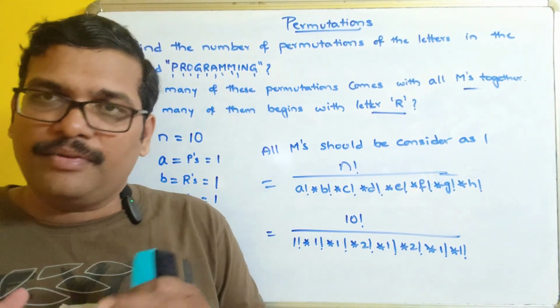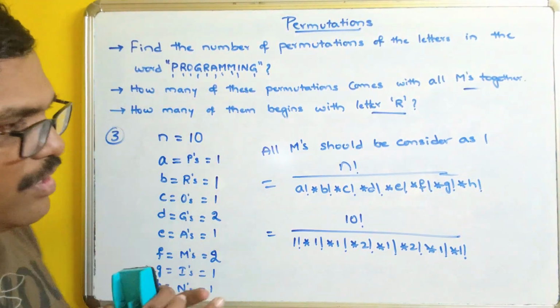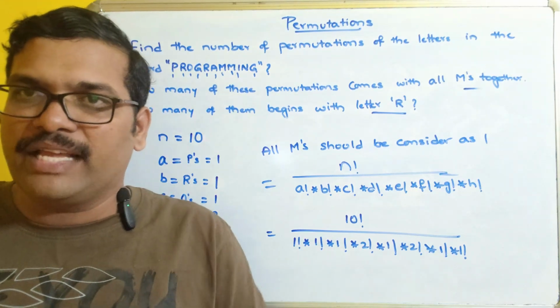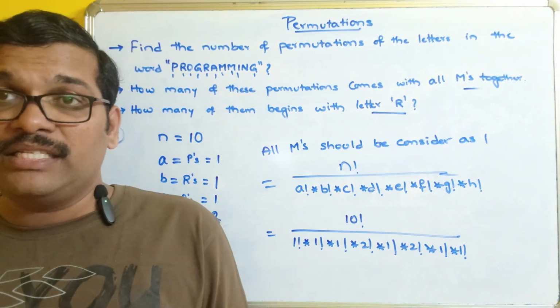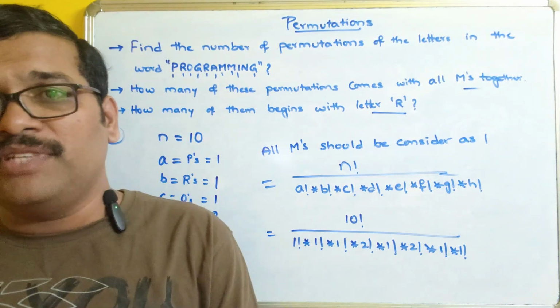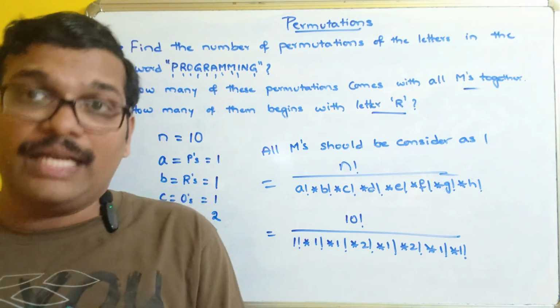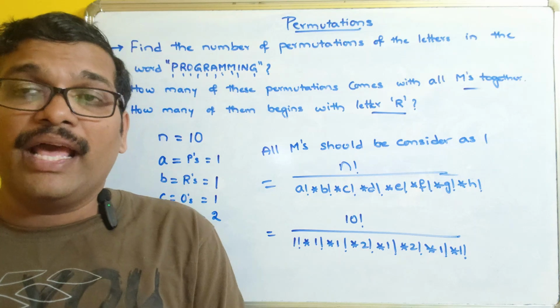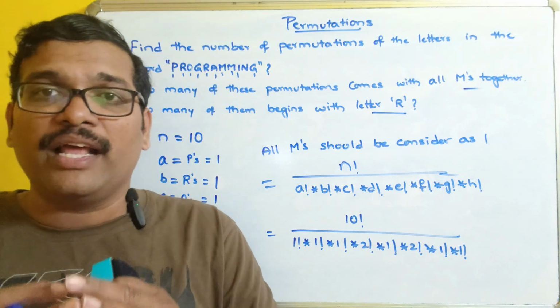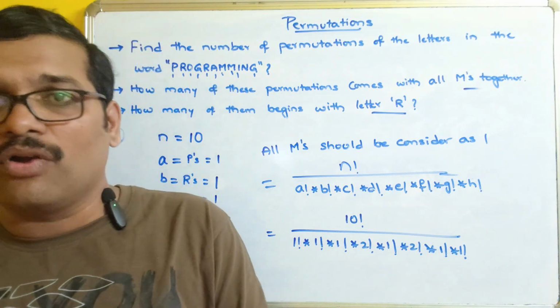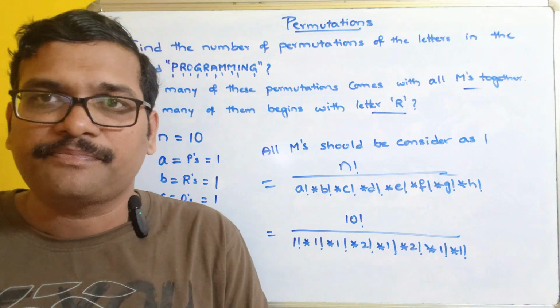And let us stop here. We have covered all the 3 possible cases. One is arranging all n objects without repetition, another is arrangement of all n objects with repetitions, and another is arrangement of n objects in a circular order, that is a circular permutation.